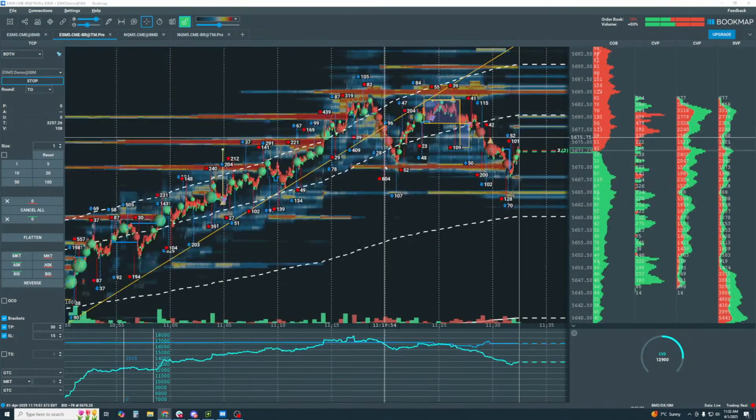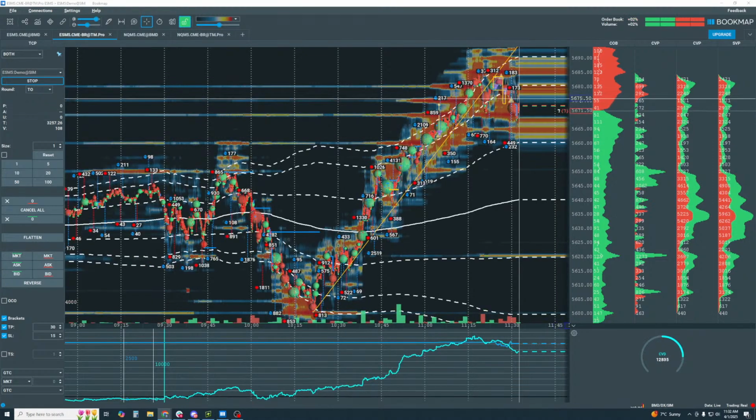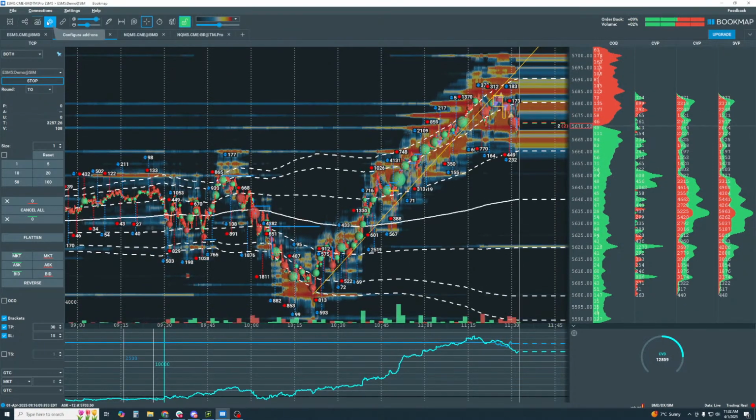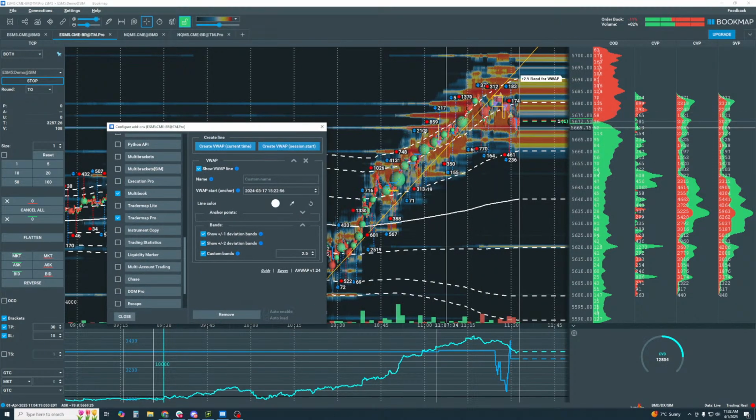Yeah. Well, let me just try to simplify this chart again. But some big stop runs to the upside, as you guys saw. I mean, as we look at this here, I'm zoomed out quite a bit now.